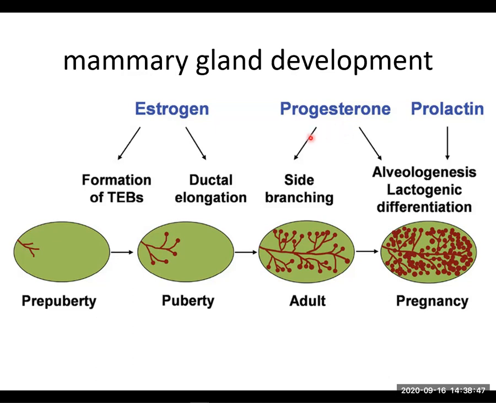So that will cause the increase of the glandular tissue, and then we have the prolactin to produce more milk. So that's the process of mammary gland development.